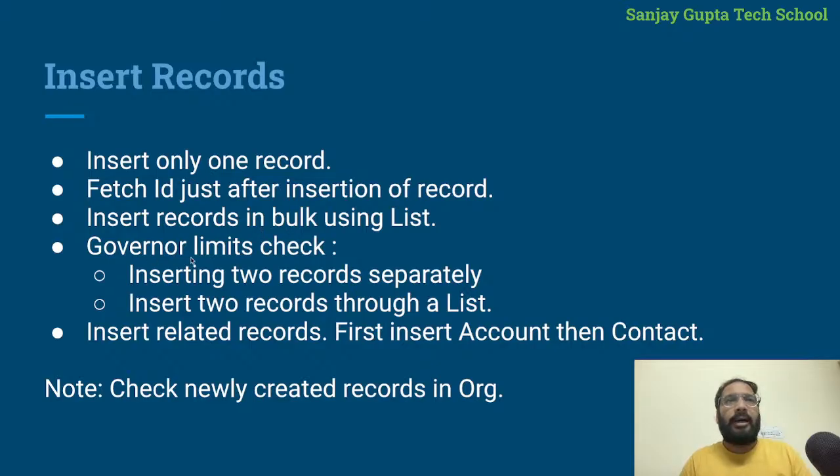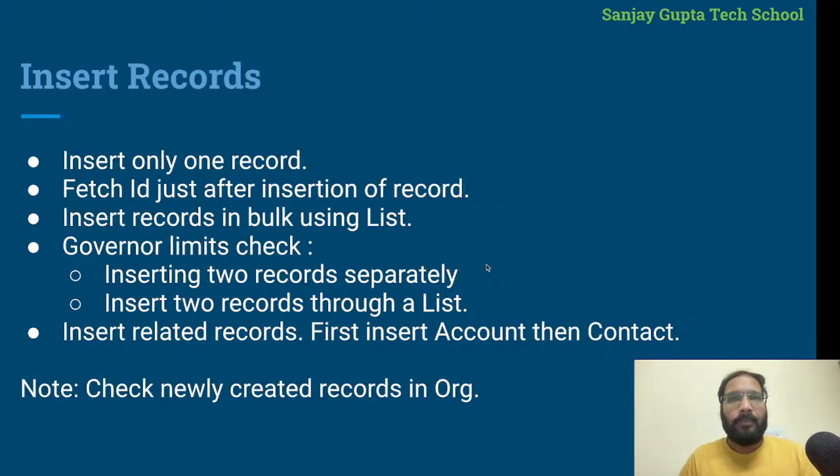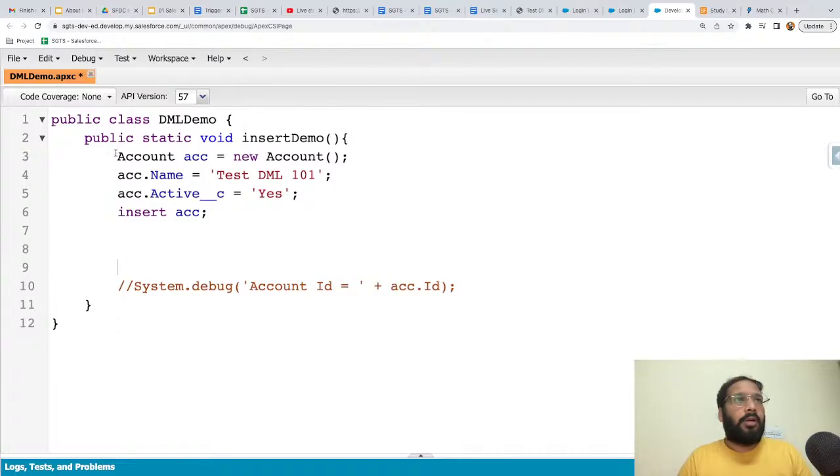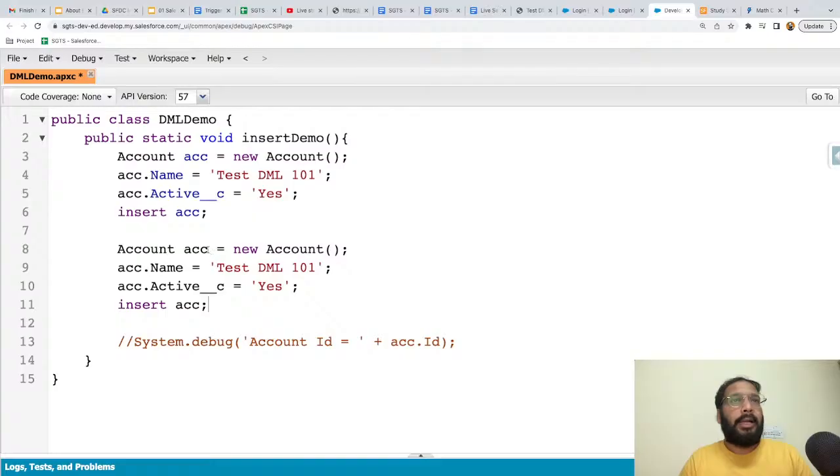Before moving to that, I am going to show you a governor limit check. I'm going to insert two records separately, and then insert those two records through a list so that you can have a bulk demo as well. So I'm just copying it, pasting it here and changing it to acc1.